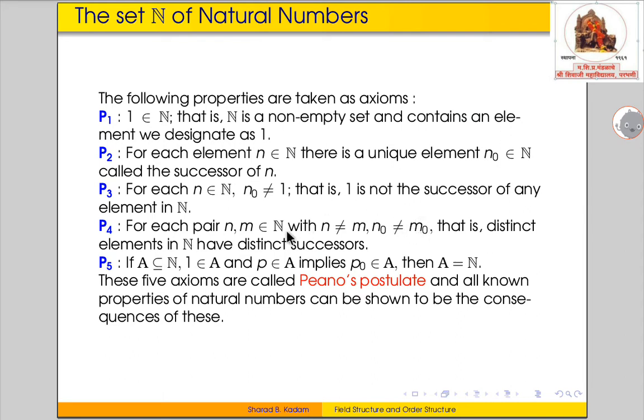That means if n and m are distinct natural numbers, then their successors are also distinct. For example, 2 and 7 are distinct natural numbers. That is why their successors are also distinct.